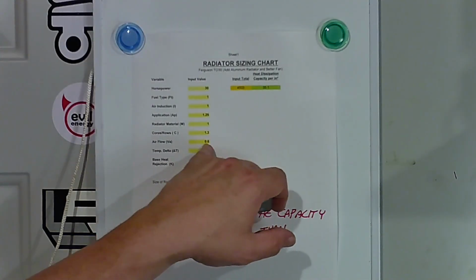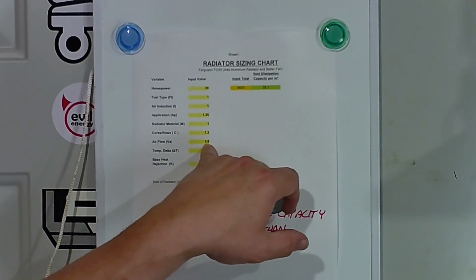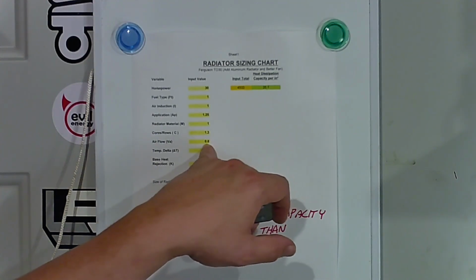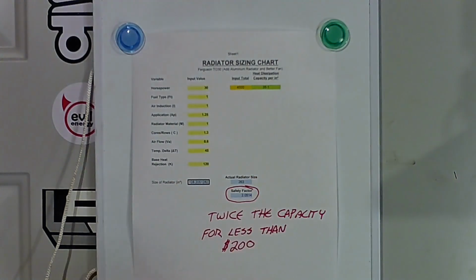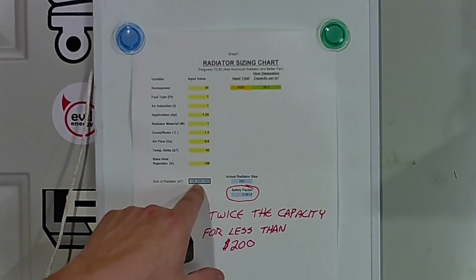If I add the 6-blade fan, which flows about twice the airflow, that is going to put a little bit more pull on the engine. So if that ends up being detrimental, we can always change over to an electric fan fairly cheaply. But that drops the radiator size required to 128 inches.